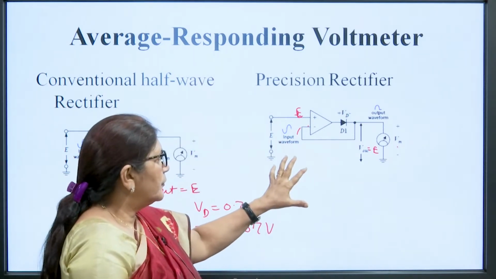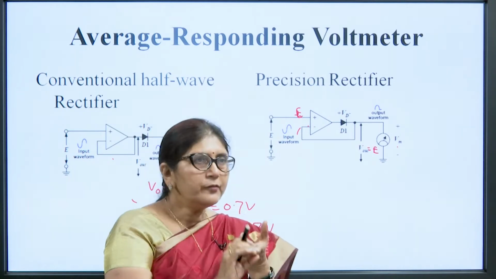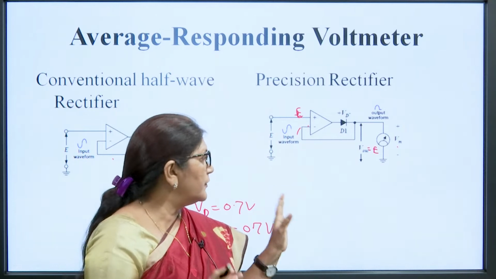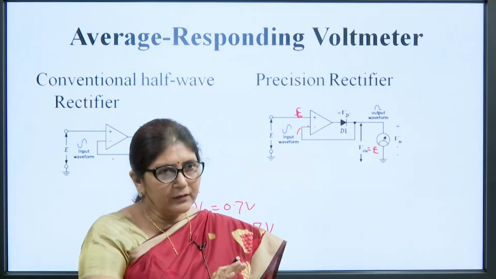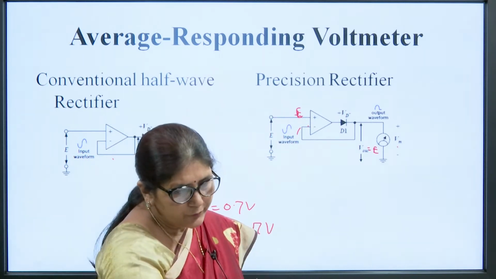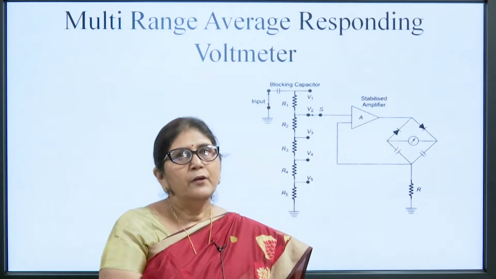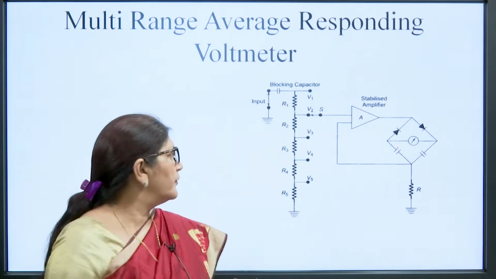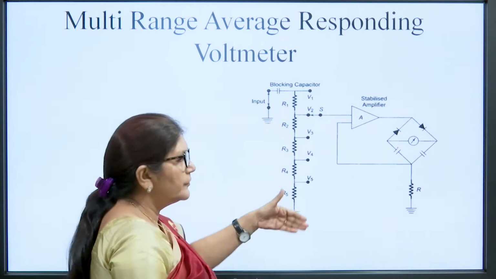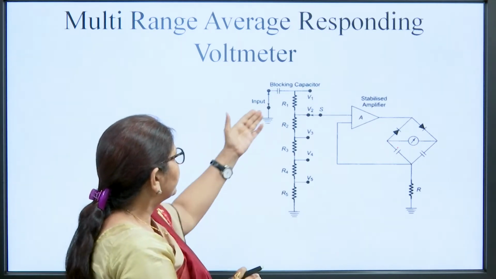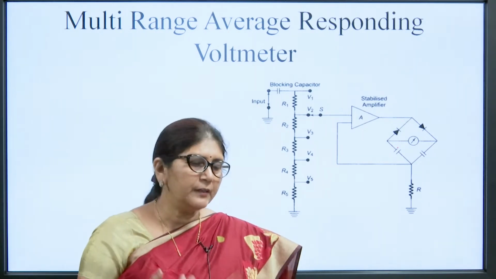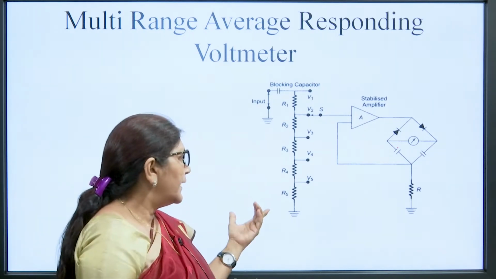We are using this amplifier, but here we have not used an attenuator or an amplifier. So, this is a single range meter, and we can't use it as a multi-range voltmeter. For a multi-range voltmeter, we have to use series resistances, here R1, R2, R3, R4, as I have already discussed in the last lecture.